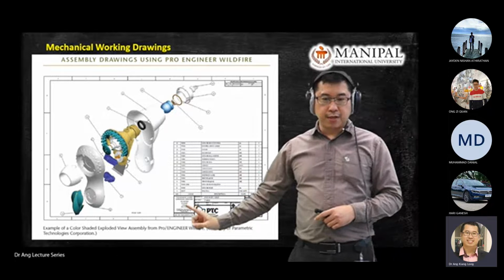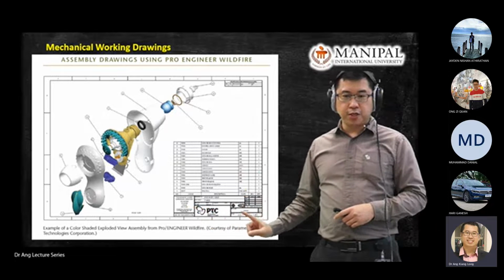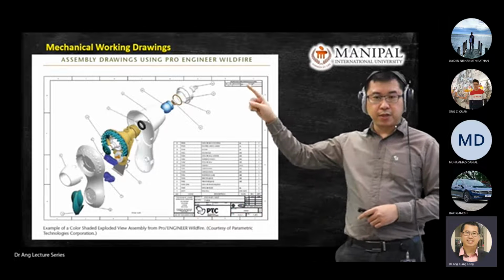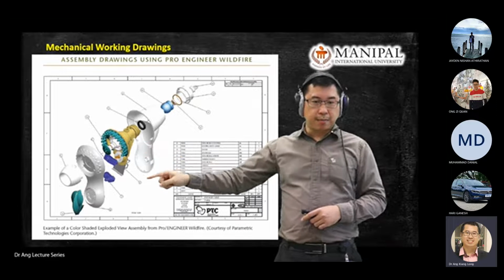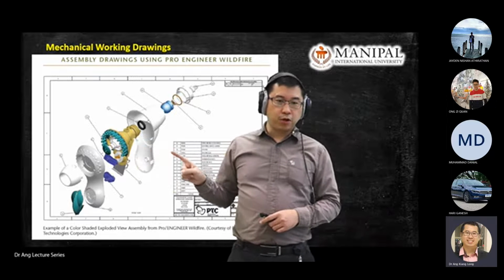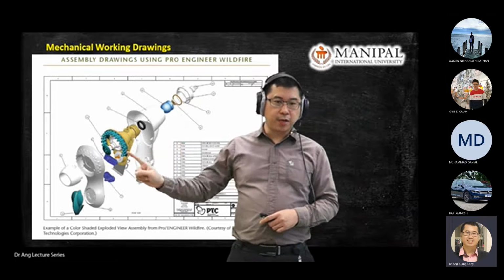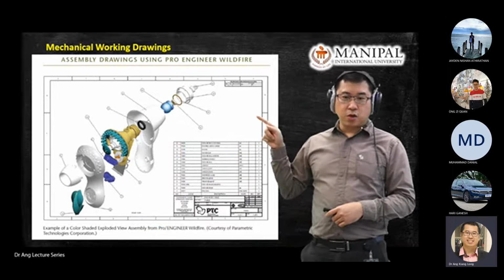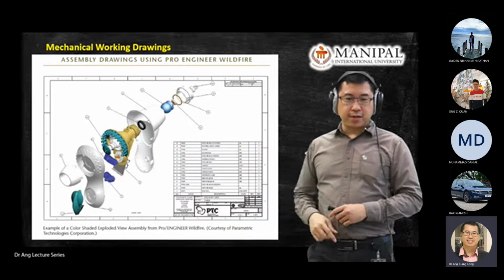Then you give all the information inside the template, the revision, and the balloons of the parts, and you show your reader how you assemble the parts. This will be the goal by the end of the semester.